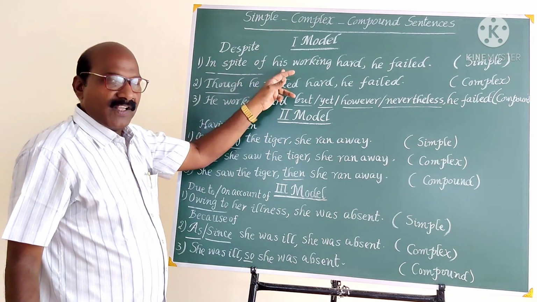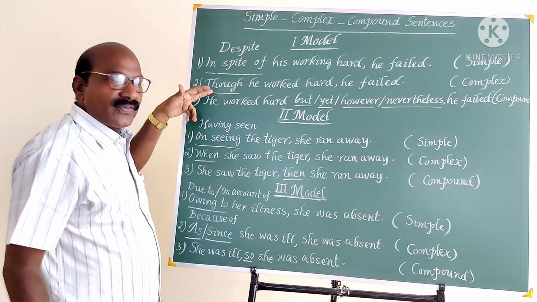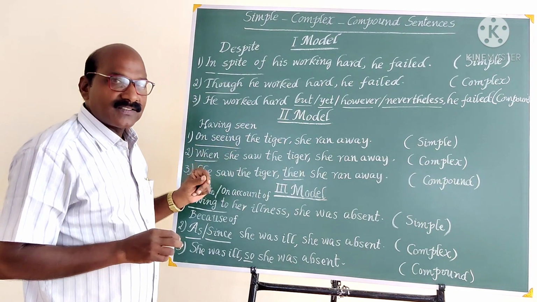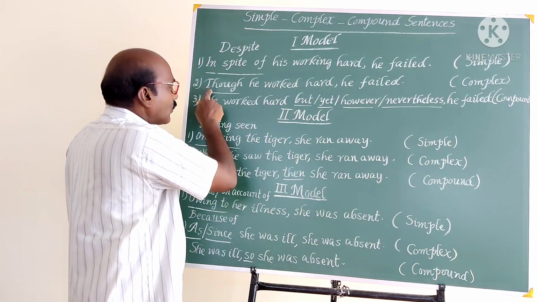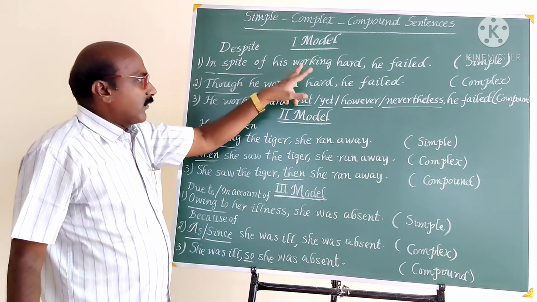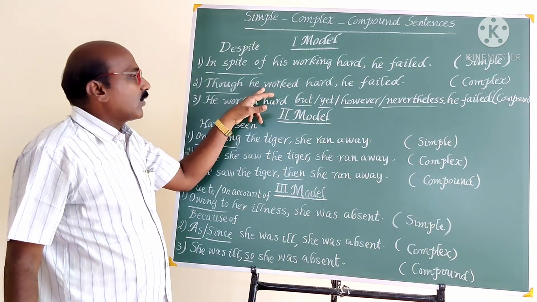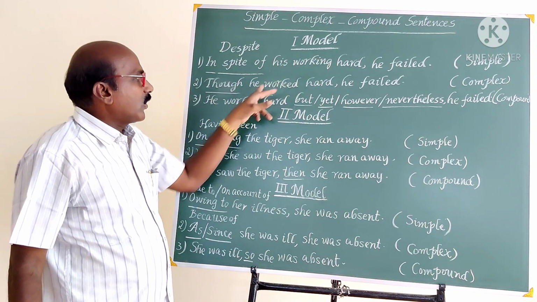All this is a phrase. So to change the phrase into a clause is the toughest task to some extent. Here, though he worked hard, here his working is a phrase. A phrase is changed into a clause. His working is changed into he worked.